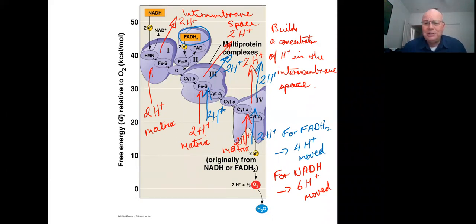What that means is that the NADH electrons make a slightly greater contribution to the overall hydrogen ion gradient than the electrons from FADH2, and that enters into our energy budgeting for the production of ATP. The contribution of electrons from FADH2 to making ATP is a little bit lower than the contribution of electrons from NADH. And we have to factor that into our consideration in terms of the overall ATP production due to cellular respiration, as you'll see in a moment.